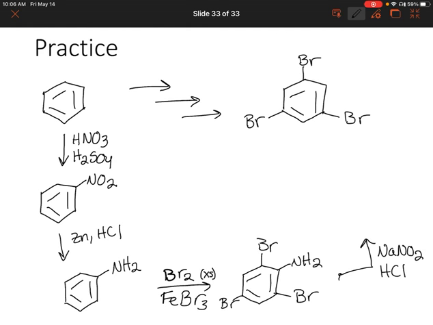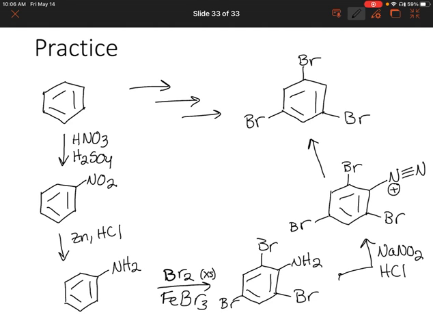So we'll use sodium nitrite and hydrochloric acid. All right, and we still got our bromines. And then in the last step, we can replace that N2 group with a hydrogen by using hypophosphorus acid, H3PO2.